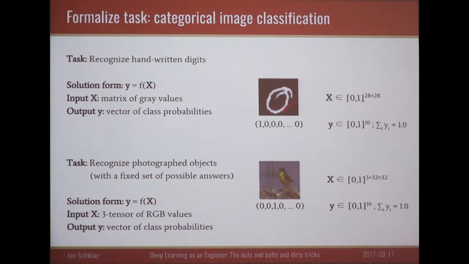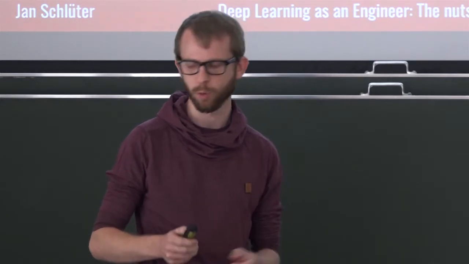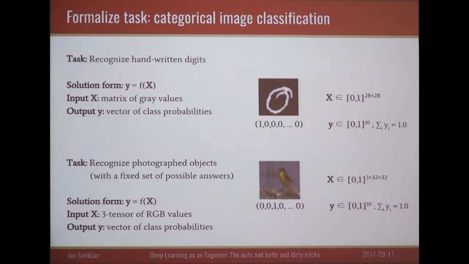Then for multi-class or categorical classification, it's quite similar. We can again represent the input as a matrix of gray values and have the output be a vector of class probabilities, one probability for each of the 10 possible digits, that sum up to 1, like this.